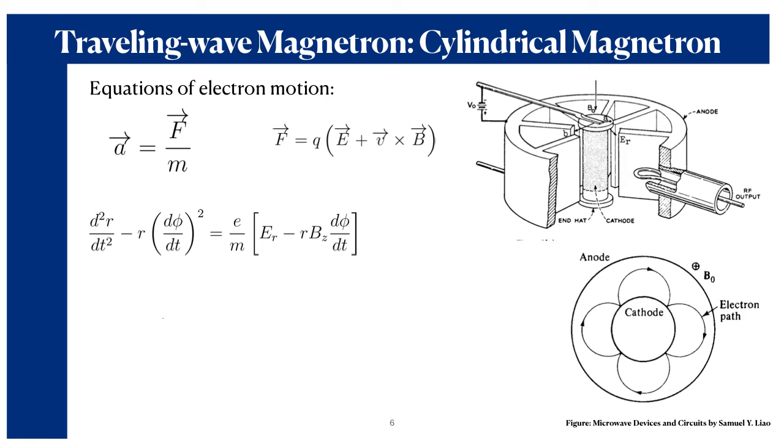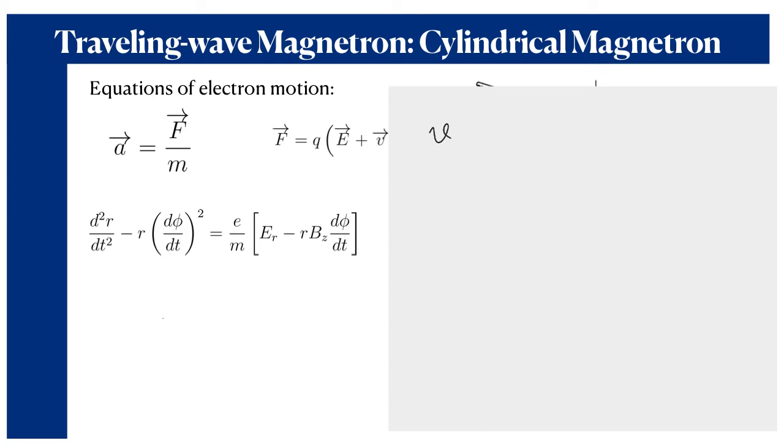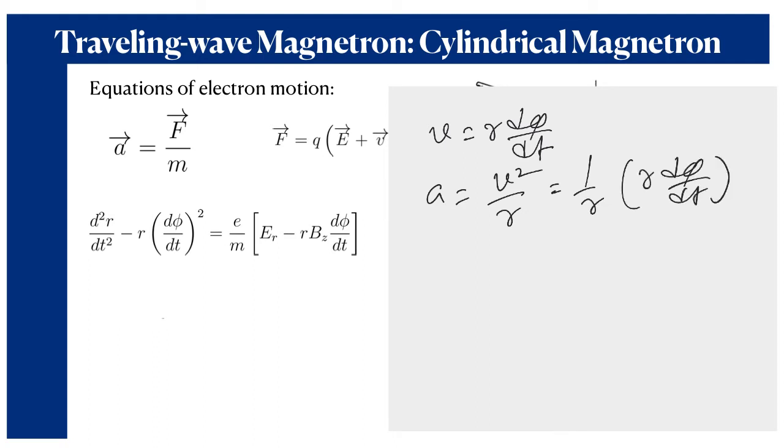From this expression we can easily identify this is the linear acceleration, and this one is the angular acceleration, because the linear velocity is related to the angular velocity as r dφ/dt. The acceleration can be represented as v squared divided by r.